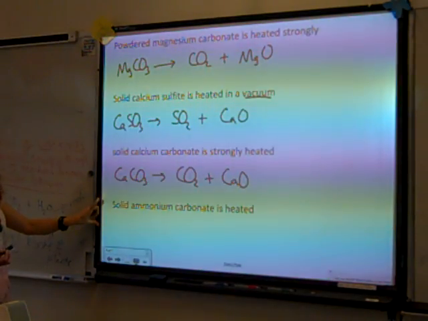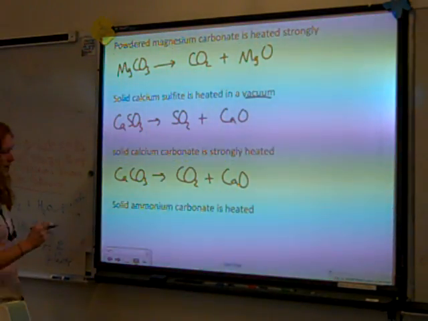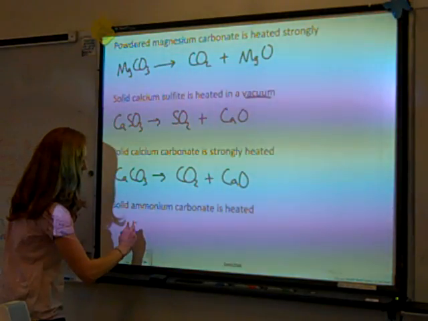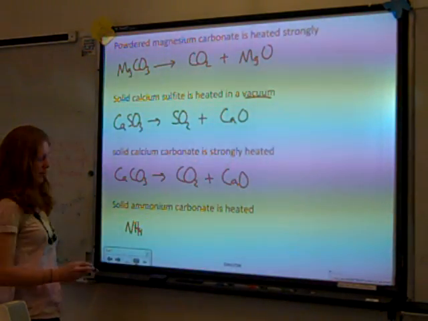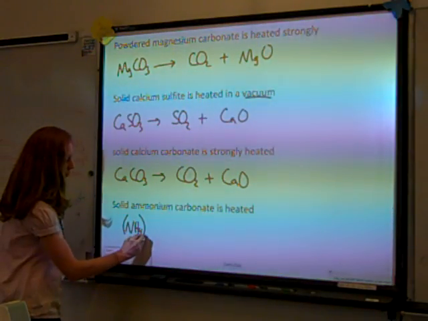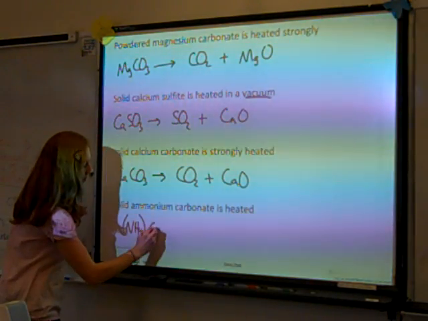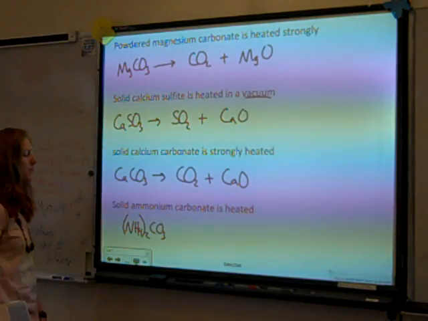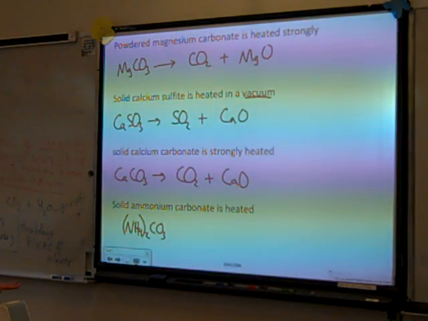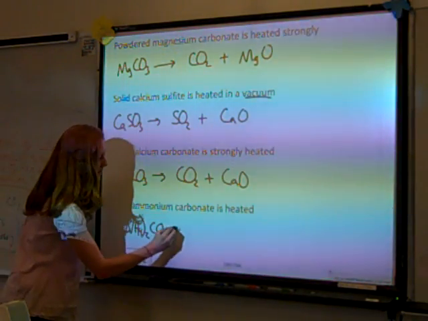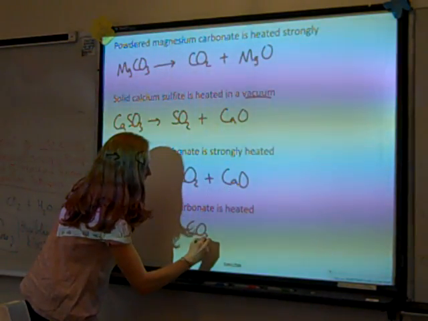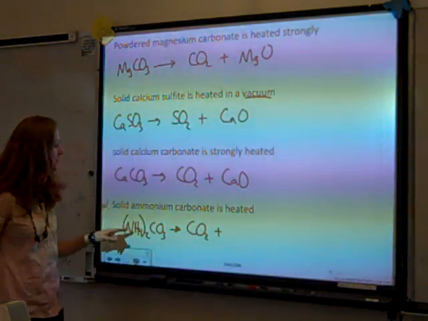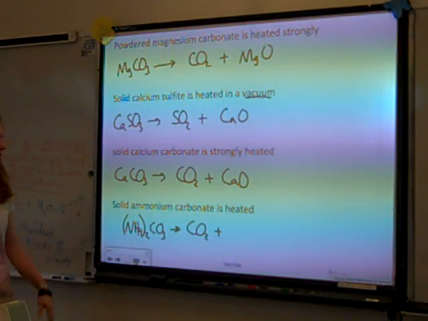Then the last one we have is solid ammonium carbonate. Ammonium is NH4 with a 1+ charge. Carbonate has a 2- charge, so I'm going to need 2 ammoniums and 1 carbonate. I can see 2 things that I heat that give off gases. When I heat carbonate, I can produce carbon dioxide. When I heat ammonium, I can make ammonia.